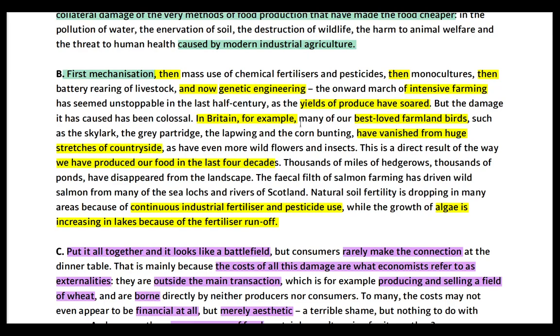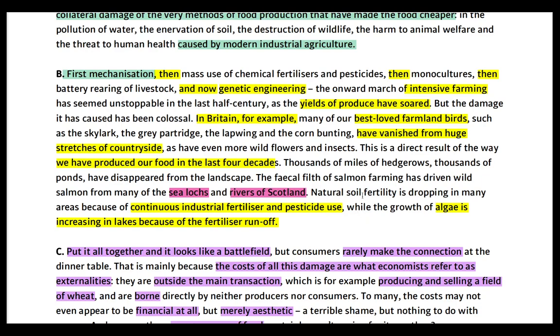So it damaged not only Britain's best loved farmland birds, but also it destroyed something related to salmon. We know salmon is a type of fish. Sea lochs, we can see that it's sea lochs, rivers of Scotland.